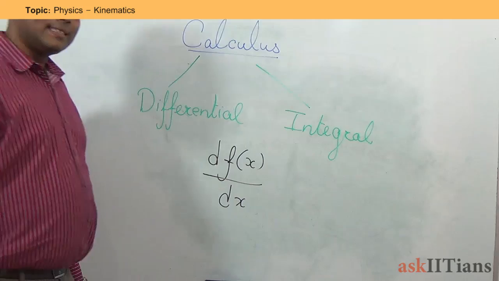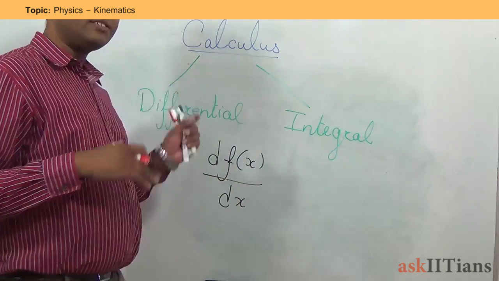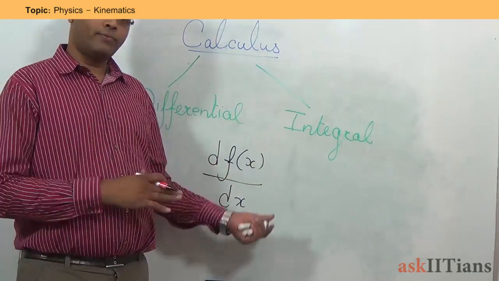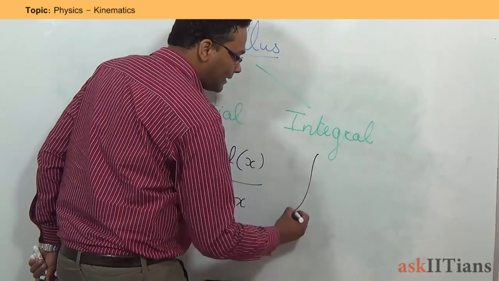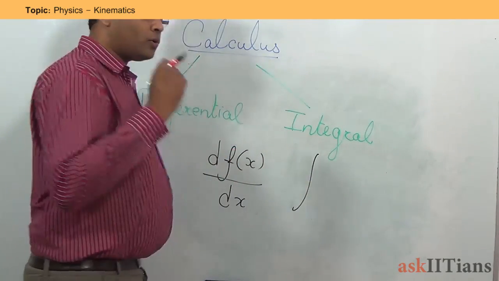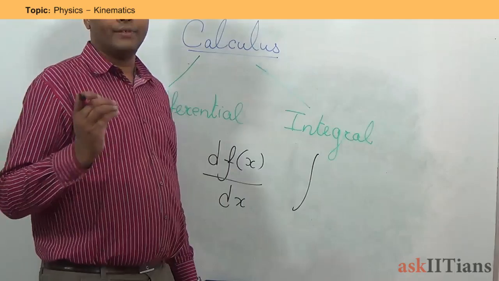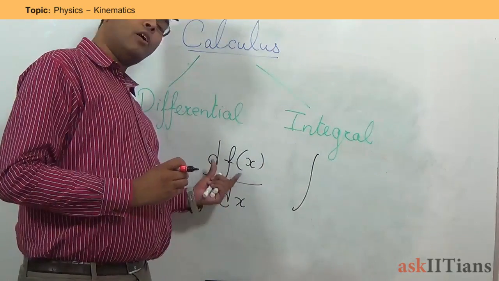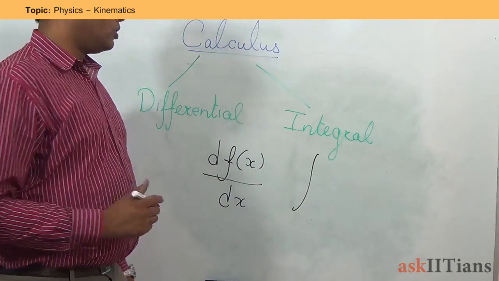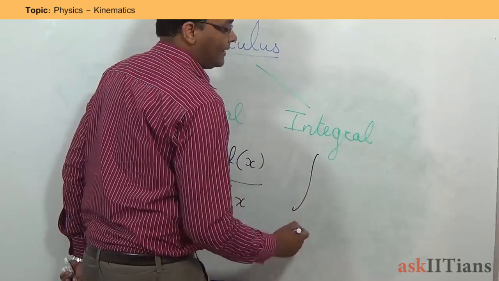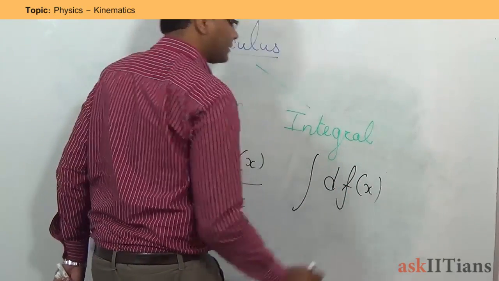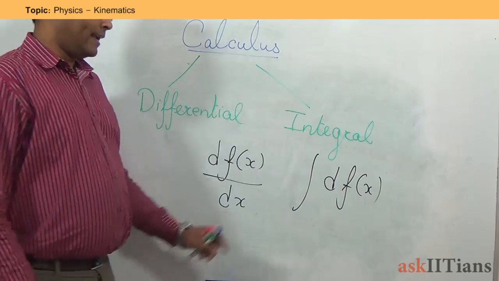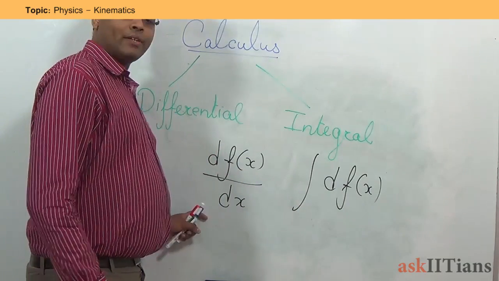If I try to do the same thing for integration, integration is just the inverse of differentiation. If I sum up over each small value of df, that is what is known as an infinite summation. So this is given by the integral of df(x). This is what is called integration, and that is differentiation.